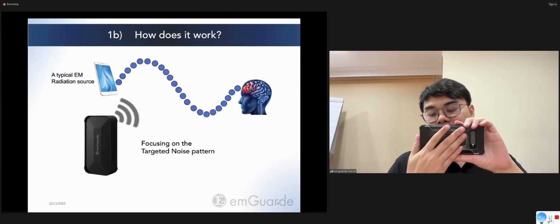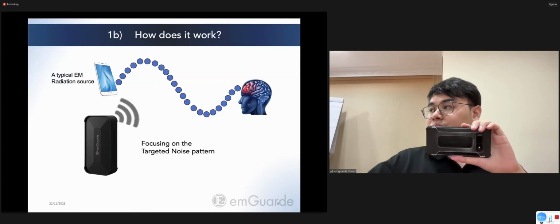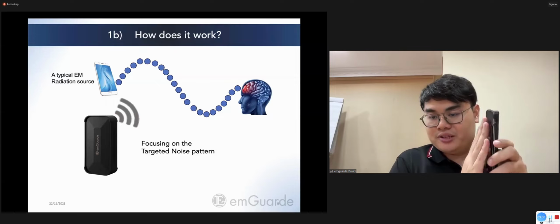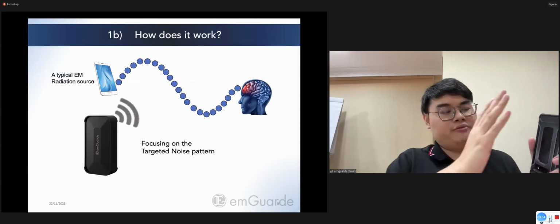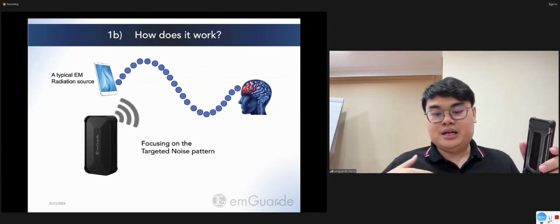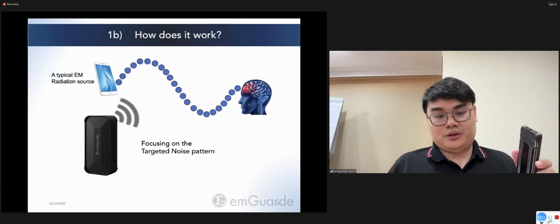This noise is transmitted to you when you hold your phone, and for some appliances the noise energy can travel between 1 to 3 meters away from the gadget, depending on the power voltage as well.